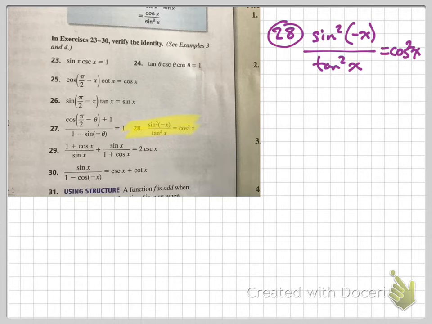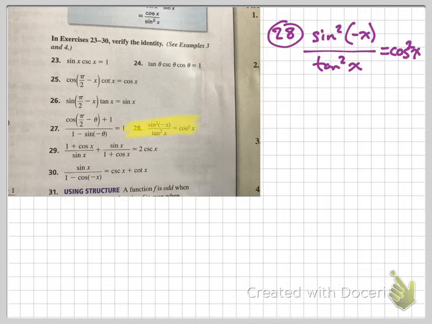So basically we want to begin with the expression on one side of the equation and see if we can use algebra or the trigonometric properties to manipulate the expression until it's identical to the other side.